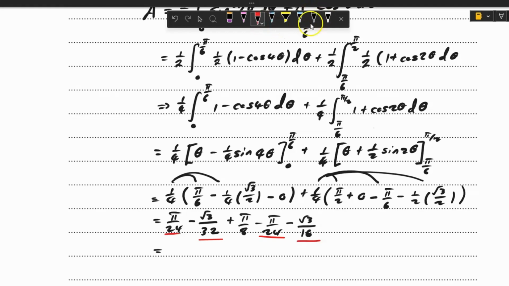So we have minus 3 root 3 over 32, and we still have the pi over 8 over here, and we can simplify this by factoring out an eighth, so that we have pi minus 3 root 3 over 4 inside the bracket, and this here is the answer, and that's how we do it right here.